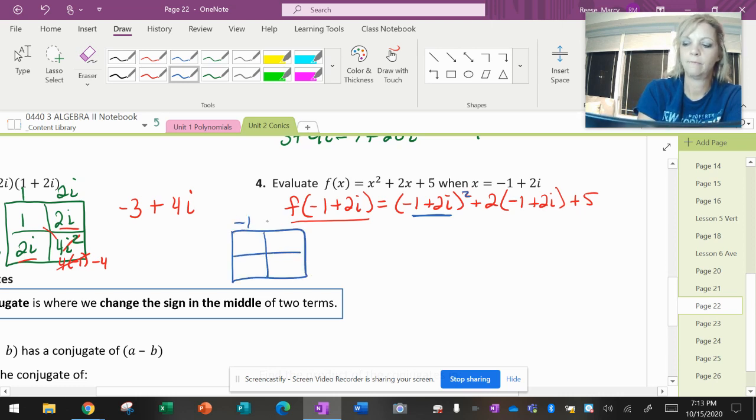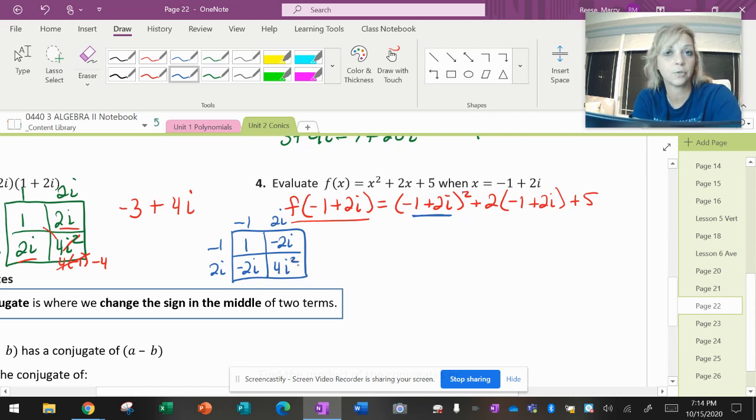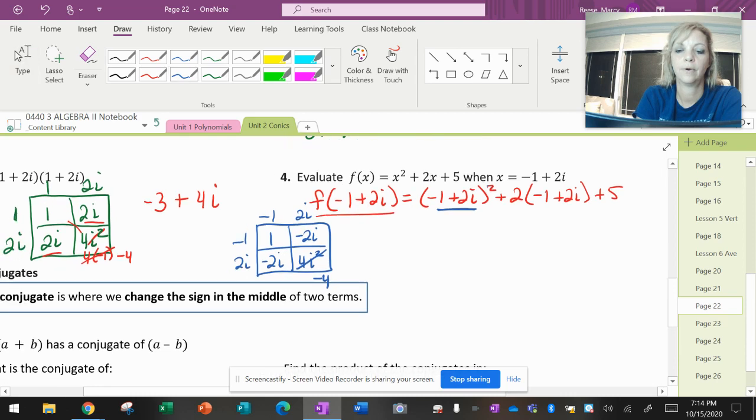And I got negative 1 and 2i. Negative 1 and 2i. That means there's 2 of them. And I got 1 minus 2i minus 2i, 4i squared. Oh, there's a 4i squared. I squared is negative 1. 4 times negative 1, that whole thing is going to be negative 4. All right?